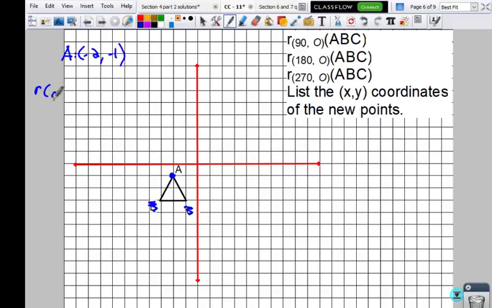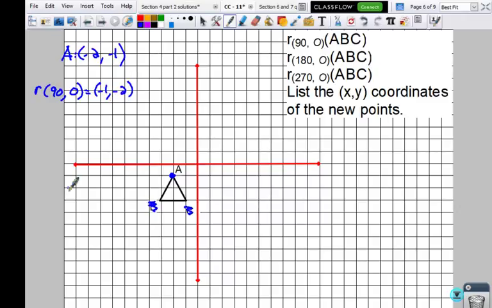So for my 90-degree rotation about the origin, for my 90, I have to flip x and y around. -1, -2.